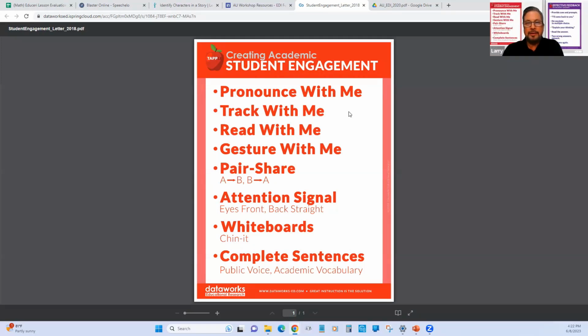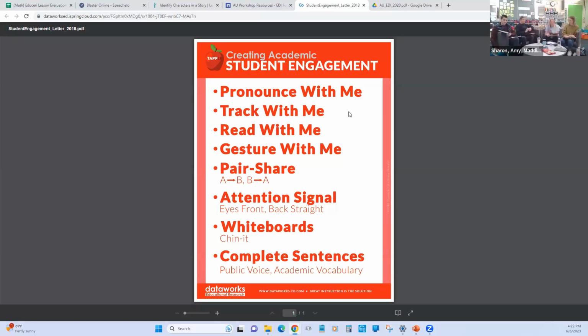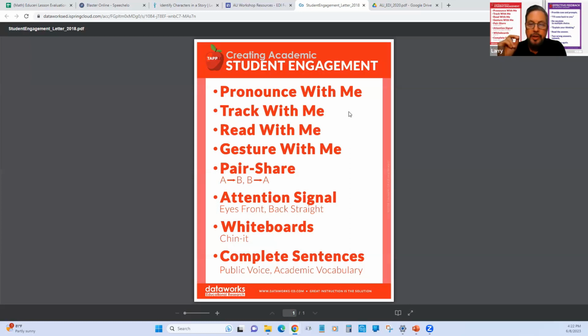Sharon Reed. I like doing track with me with my little sections, so on my whiteboard. One of the things I like about tracking, and I need all of my students to do this, is that I may come across a word that would be difficult. If the students aren't tracking right with me, they're going to miss that word and the opportunity to syllabicate or hear the definition.